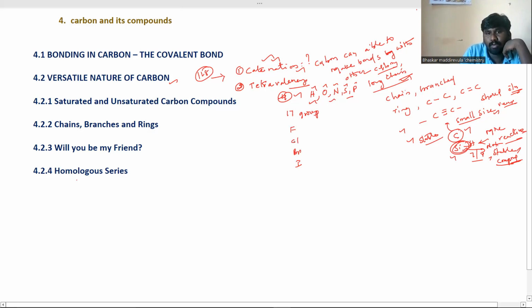So carbon can make very strong bonds with these heteroatoms also. There is a chance of questions from here, so be thorough with this topic.